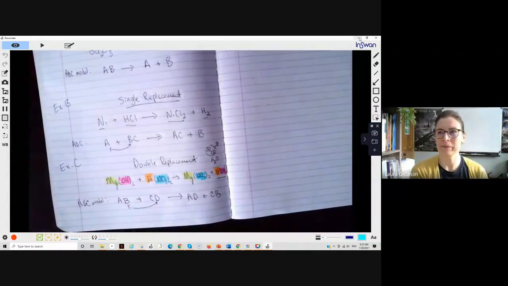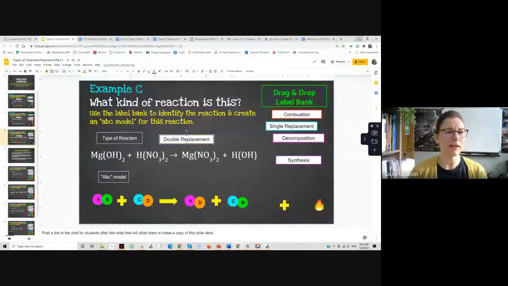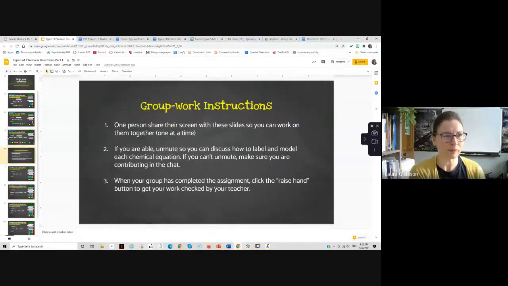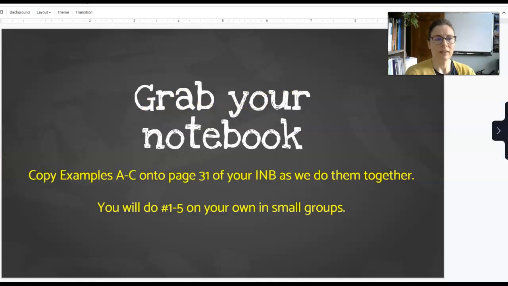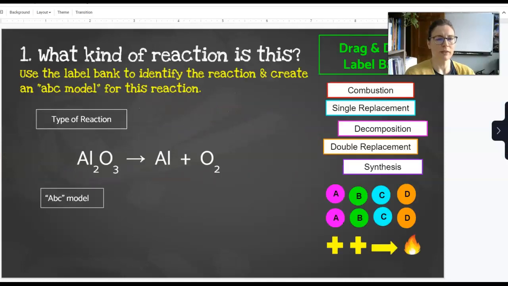So, okay, that's all we're going to write in our notebook. You don't have to turn that in to me, but you can use it to help you on the practice that you guys are going to be doing in groups. All right, so once you're in your groups, you're going to take care of these 5.